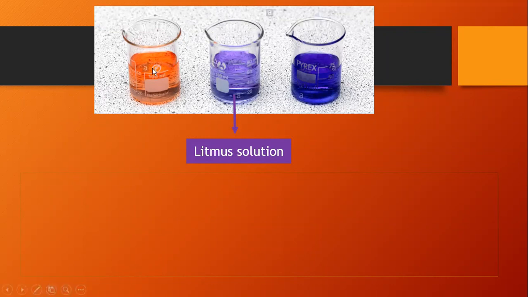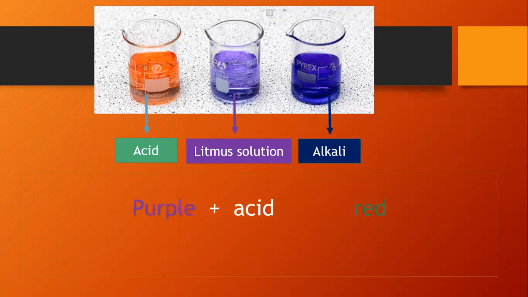When they added an acid to it, it turned red. And when they added an alkali to it, it turned dark blue, and sometimes it doesn't change its color at all. So if the litmus solution is purple and you add acid to it, it's going to turn red. If you add an alkali to it, it's going to turn blue.